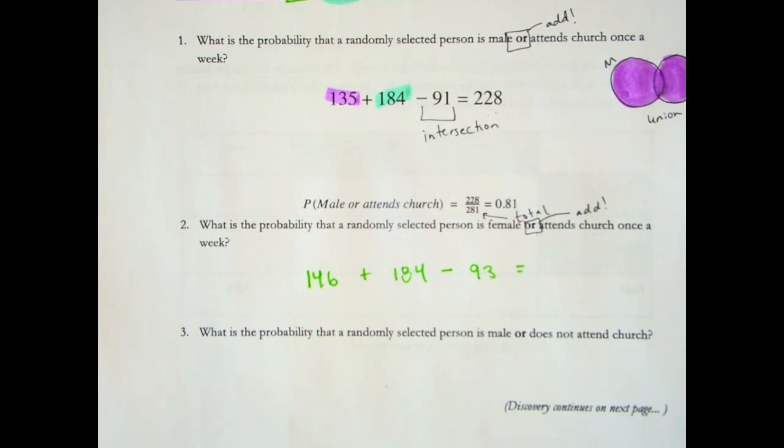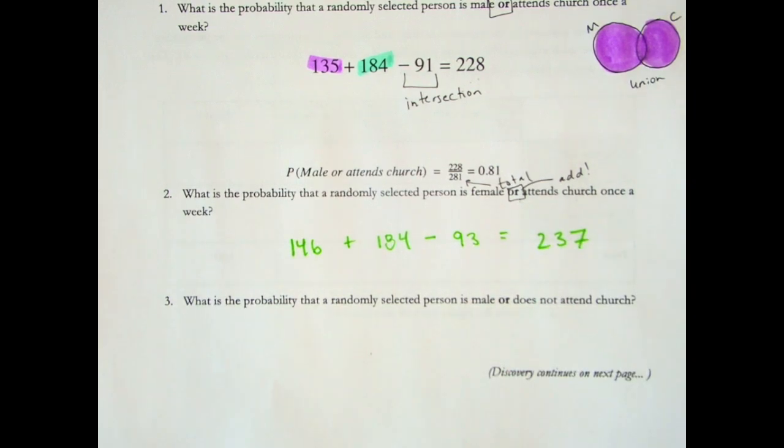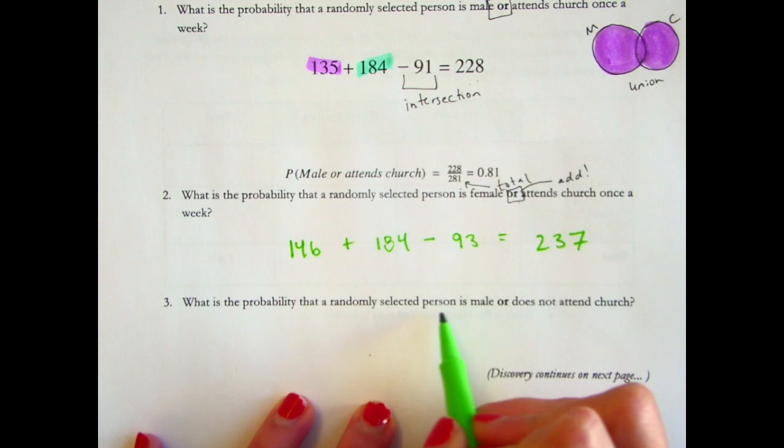All right, at this point, I encourage you to pause and try 3 on your own, and then play the video to check your work. Okay, what's the probability a randomly selected person is male or does not attend church? Again, I'm looking at this category of male.